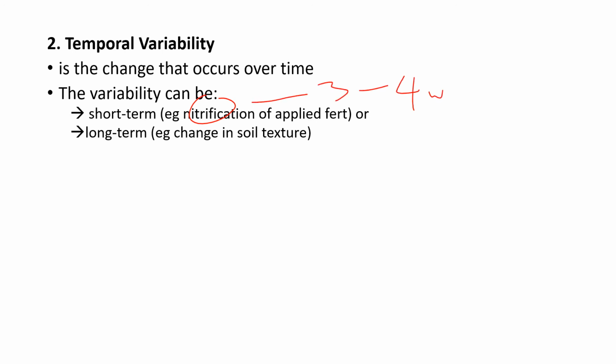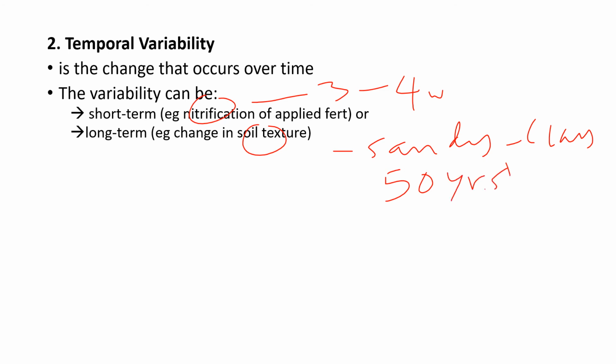But for soil texture to change, let's say from sandy to clay, it is not something that will take place in a week's time. It is something which can last for maybe above 50 years. So that's why we are saying this is a very long-term source of variability.